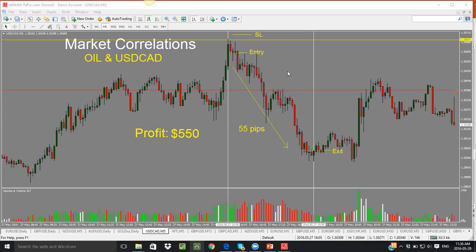If there is a drawdown in the inventories, which you'll normally hear on your squawk or see on Forex Factory, oil will go up, because that means businesses are using more oil to produce their products. As a result, oil will get pushed up and dollar CAD will go down.